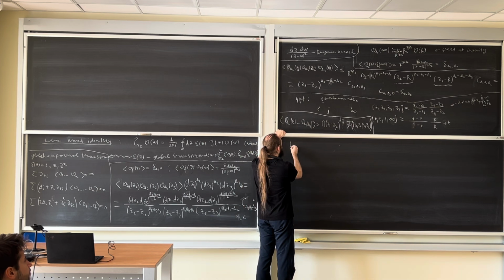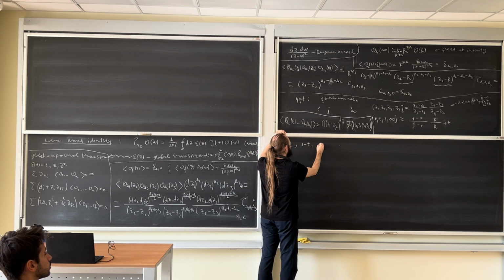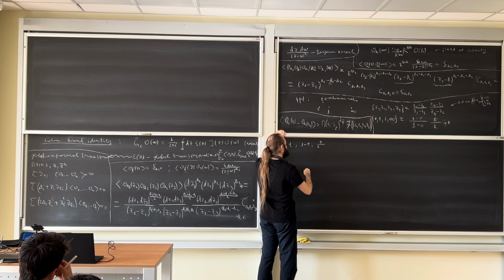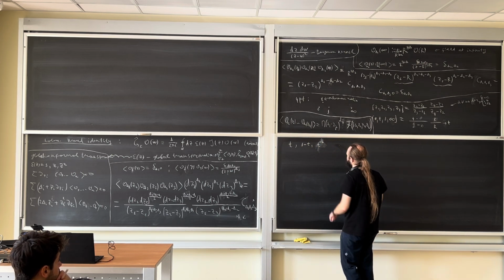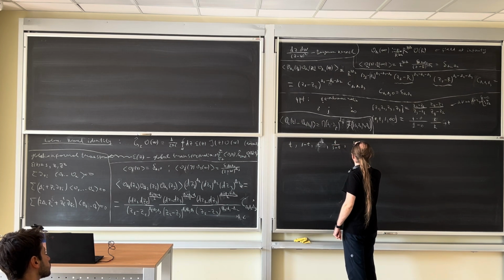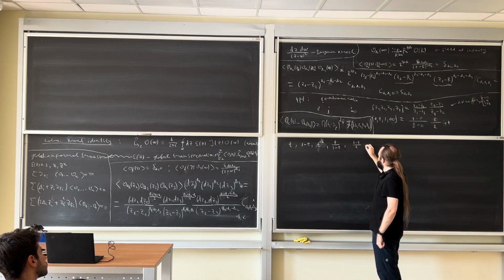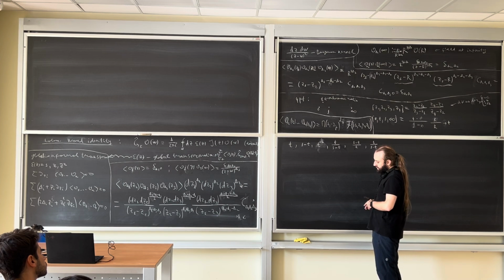As a result, possible anharmonic ratios are something like t, 1 minus t, 1 over t, maybe 1 over 1 minus t, something like this.